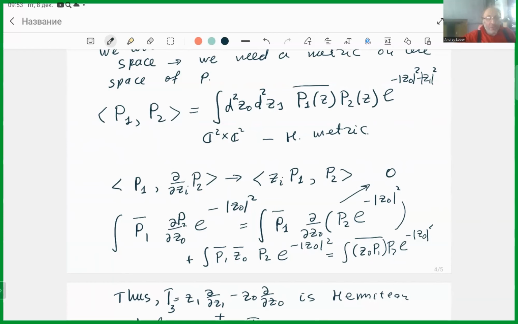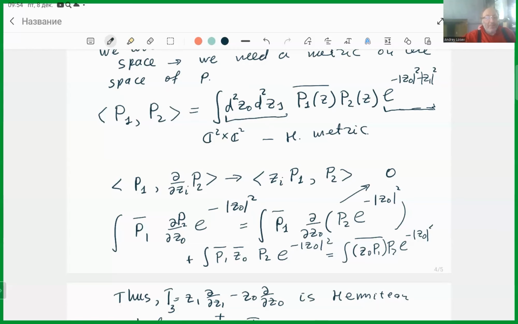I would like to integrate something, but I need to integrate it with some measure. I cannot integrate with this measure. The integral will be divergent. So I used this exponential to make it convergent. Of course, it is a choice, but I would prefer to have this choice. You may consider it as a piece of a construction.